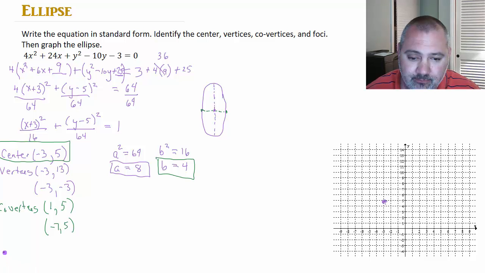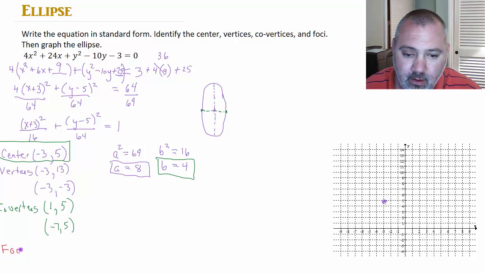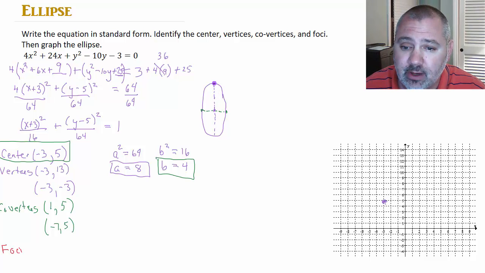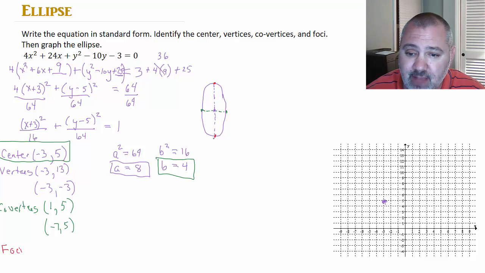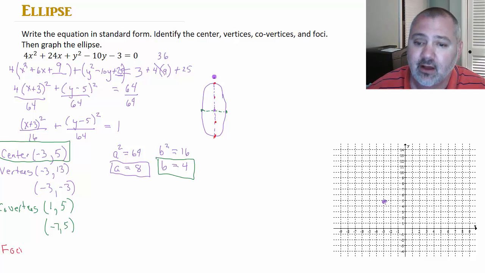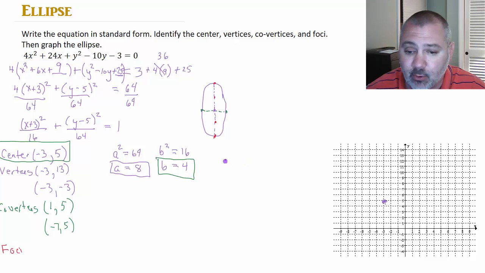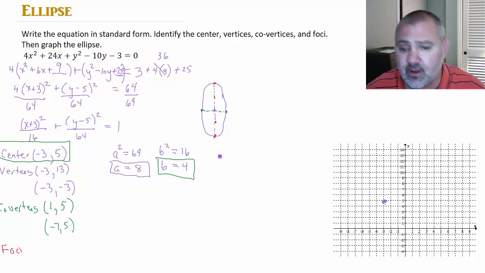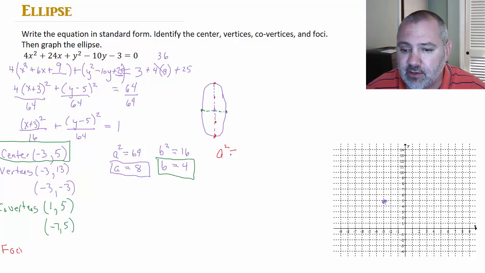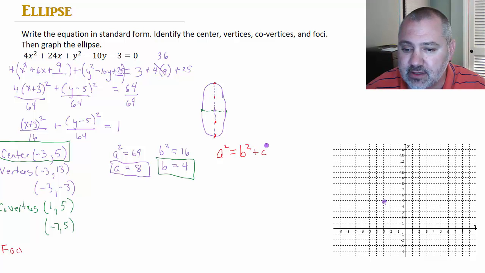The final thing we need to find is the foci. The foci are always along the major axis. So they're always also on the same axis of symmetry that the center as well as the vertices are on. In order to find that, we need to find c. And remember, with an ellipse, our equation that relates a, b, and c is a squared equals b squared plus c squared, or c squared equals a squared minus b squared.